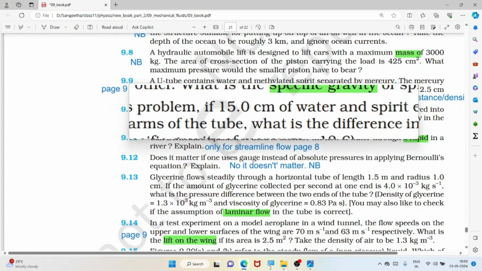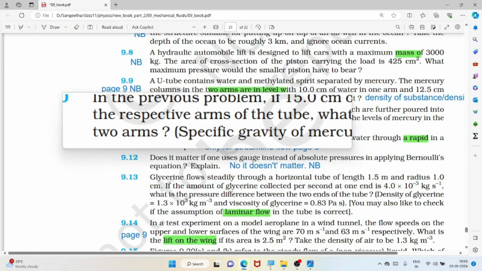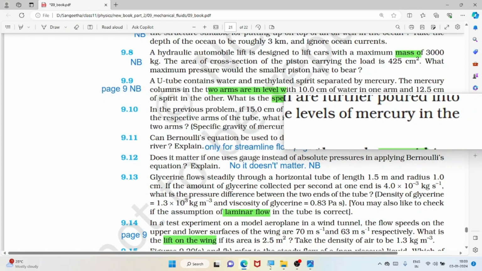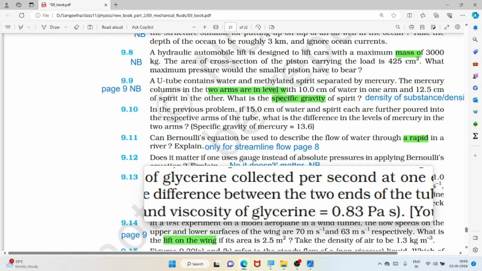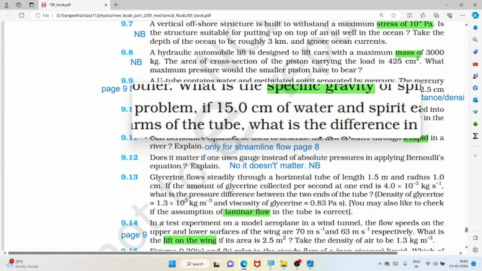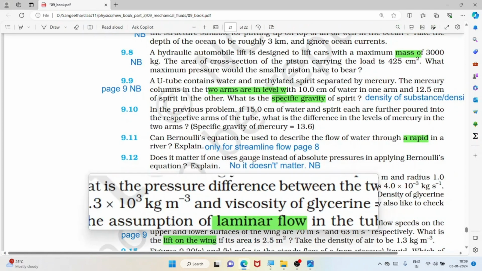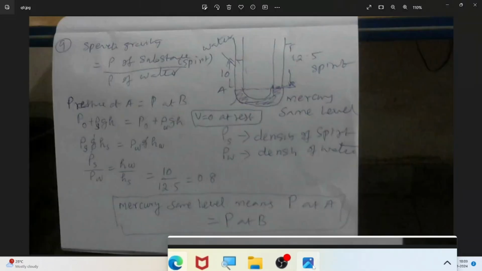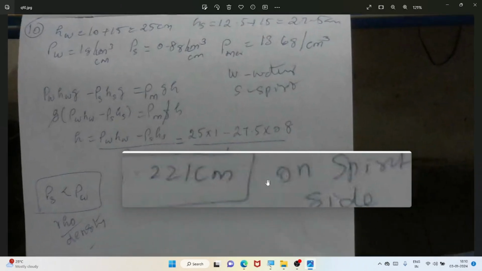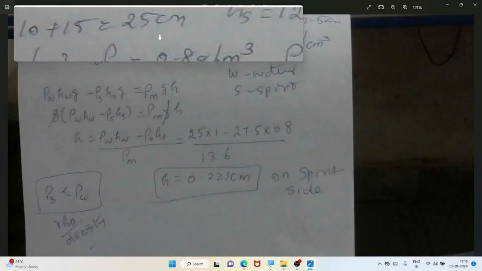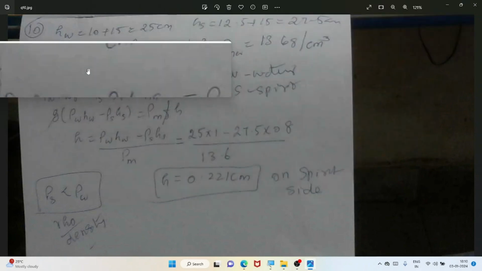Okay, in the previous problem, 15 centimeter of water and spirit are further poured into the respective arms. How will the mercury level change? Before, 10 centimeter and 12.5 centimeter were balancing the pressure. Now we are adding more water and spirit. Now the total is 25 centimeter of water, and the spirit will be 27.5.